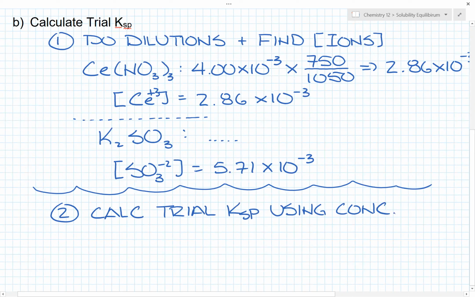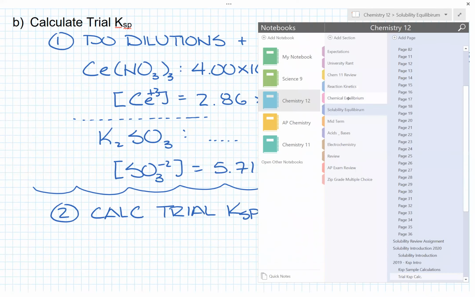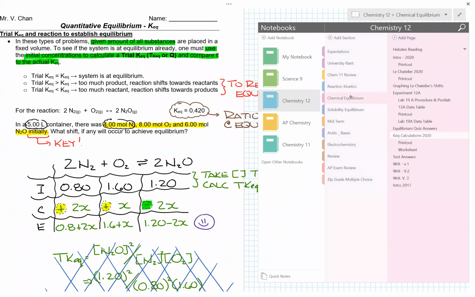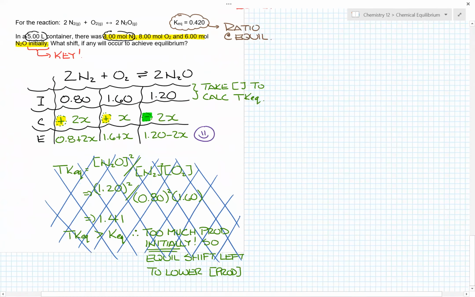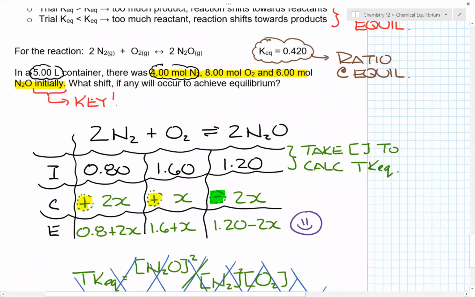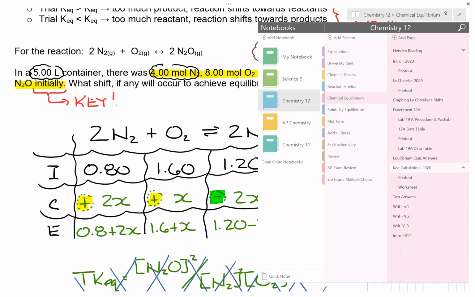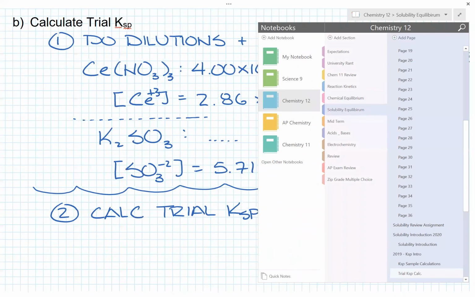Okay, now you remember from KEQ, when we did trial KEQ, the values were at the initial concentrations. Remember, we plugged in the numbers in the initial concentrations. So that's what we're going to do exactly the same.